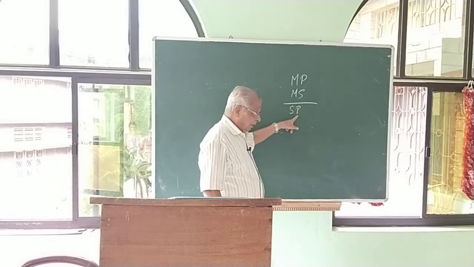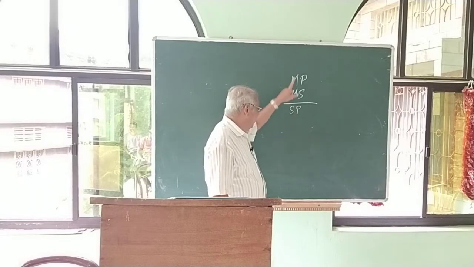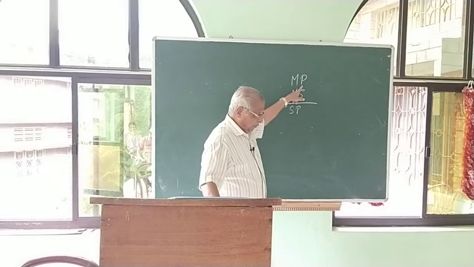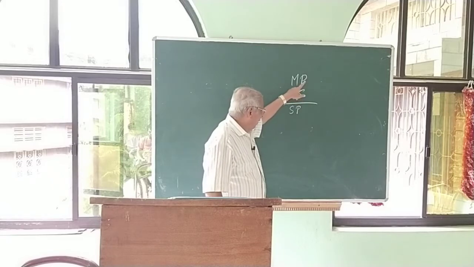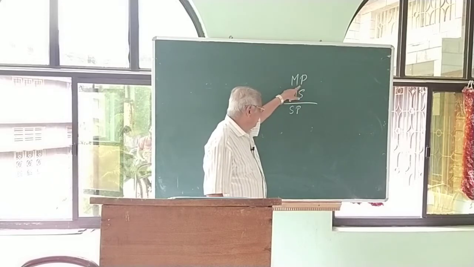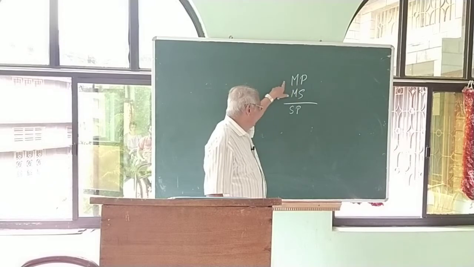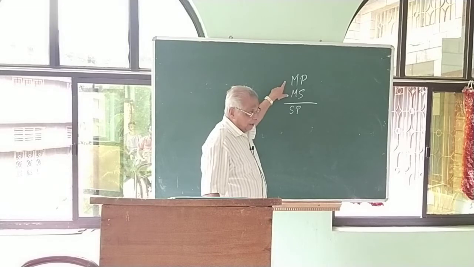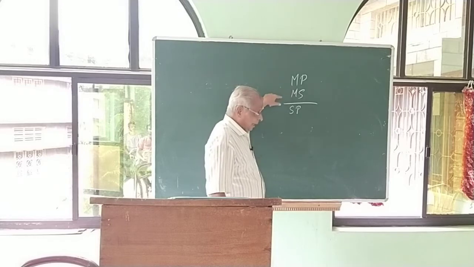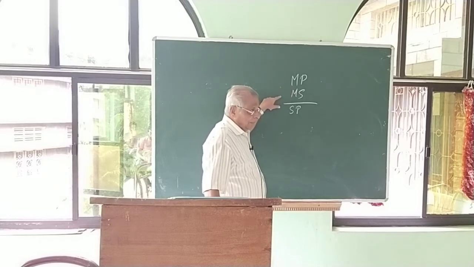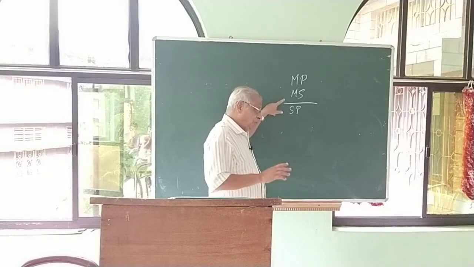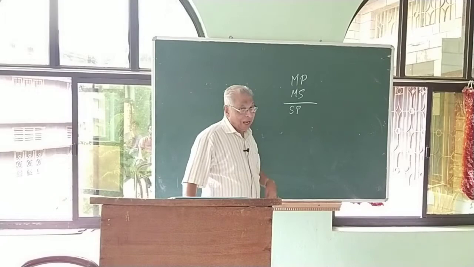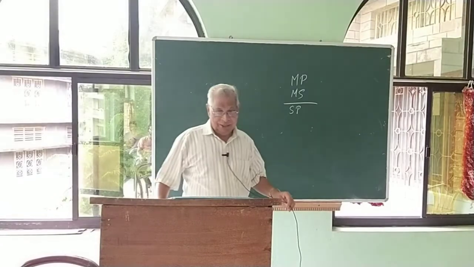If the P in the conclusion is universal, the P here also has to be universal because of the rule we have already studied. And how can the P in the major premise be universal? By making the major premise again a negative premise. Then what is the problem? Both will be negative. That is impossible. Therefore, since it is not possible for the minor to be negative, it has to be affirmative.